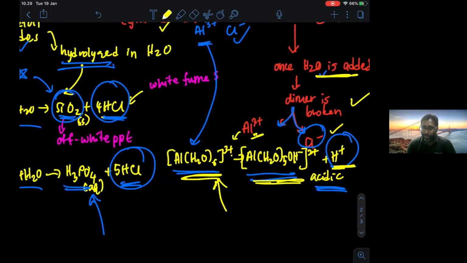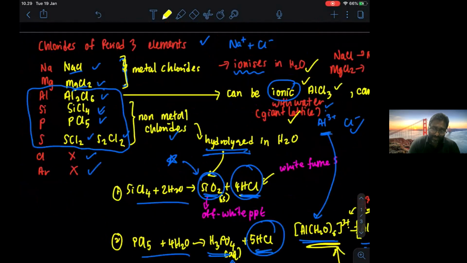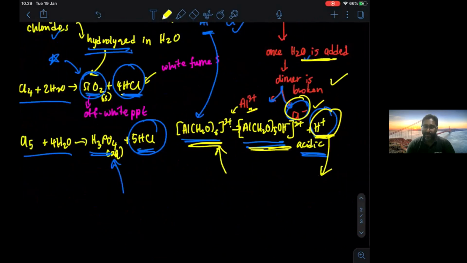So we can say that aluminium chloride in the presence of water is going to be acidic. So therefore, this is going to form an acidic solution. When it is acidic, please take note that this H+ and the Cl- that you have earlier can combine to give you HCl.